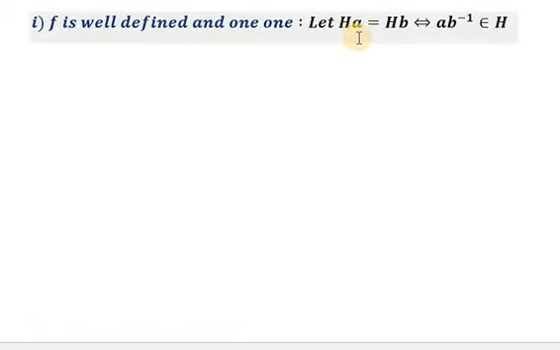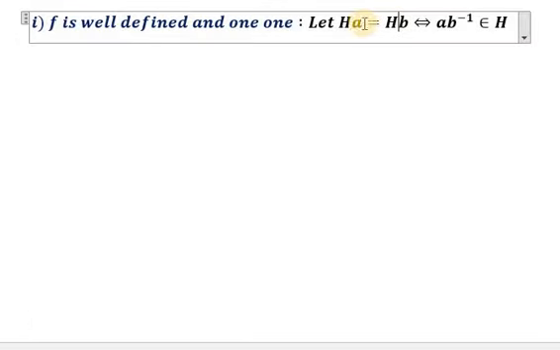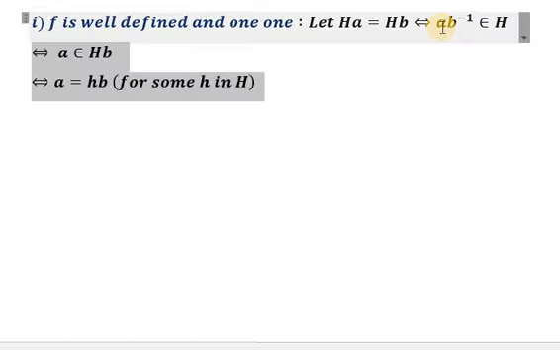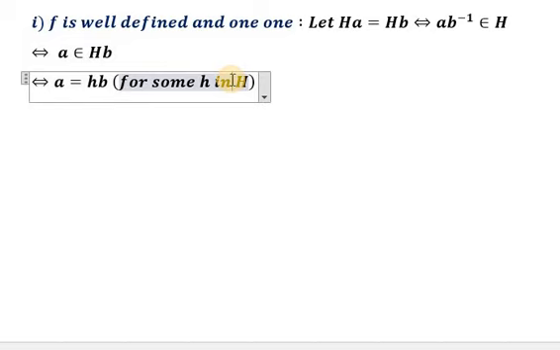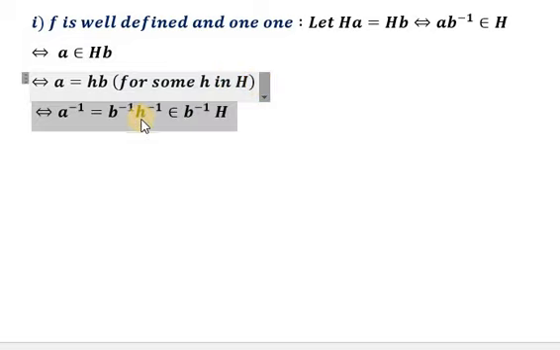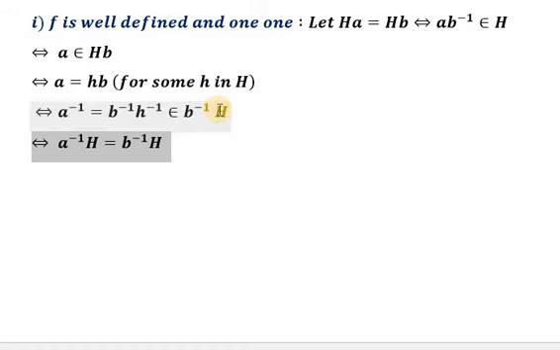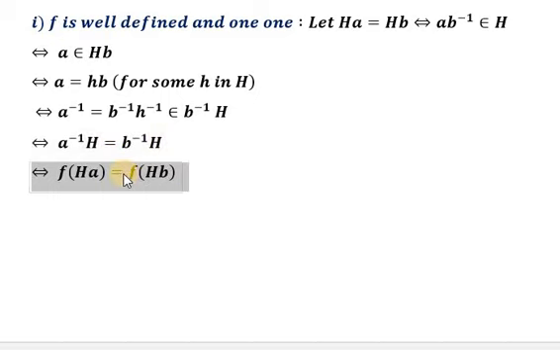To prove this, let us consider Ha is equal to Hb, which implies ab inverse belongs to H. That implies a belongs to Hb, and a is equal to hb for some h in H. Then a inverse is equal to b inverse h inverse, which belongs to b inverse H. Further, this implies a inverse H is equal to b inverse H. Therefore, f of Ha is equal to f of Hb.